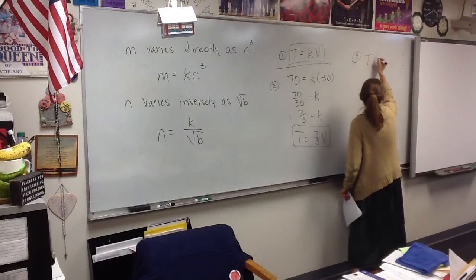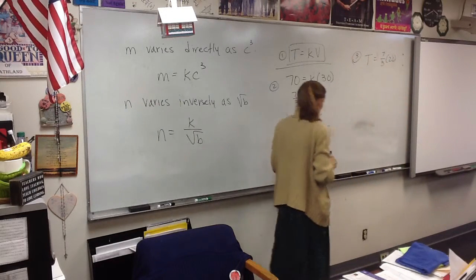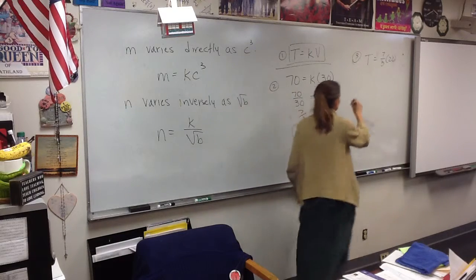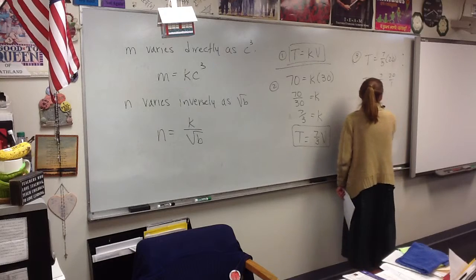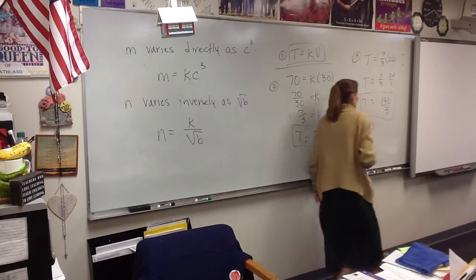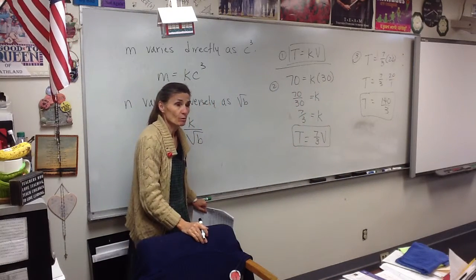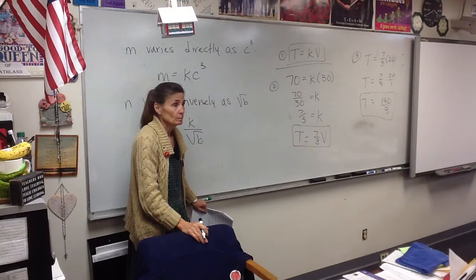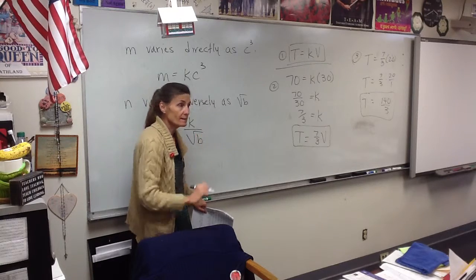So T equals 7/3 times 20, which is 7/3 times 20 over 1, which is 140 over 3. So your answer to the last question is 140 over 3. One sentence at a time.